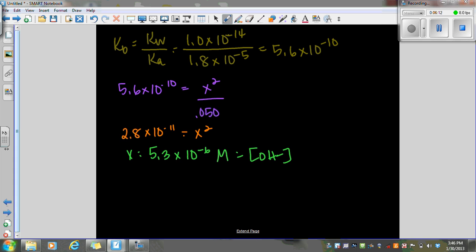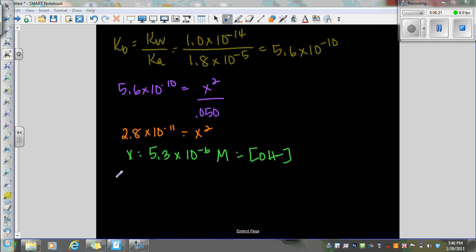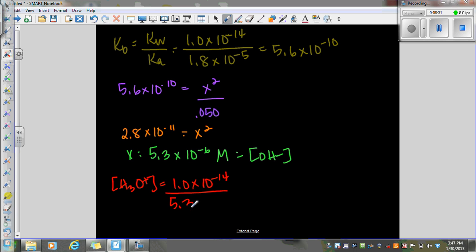So if I want to find pH, I need hydronium ion concentration. So I'm going to do 1.0 times 10 to the negative 14th divided by my hydroxide ion concentration, 5.3 times 10 to the negative 6.